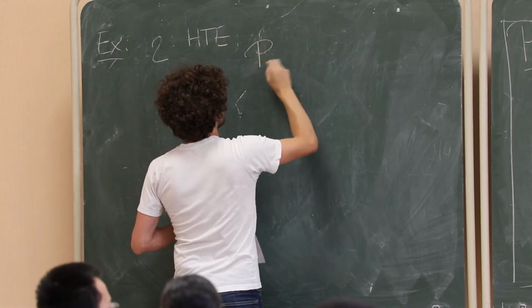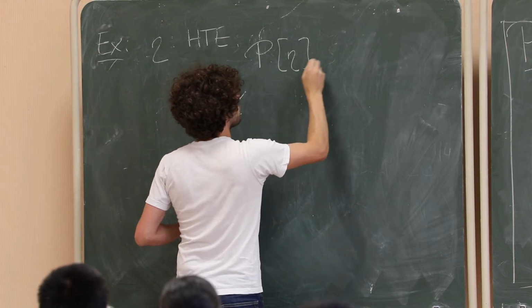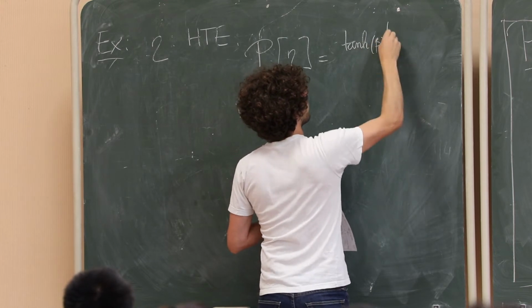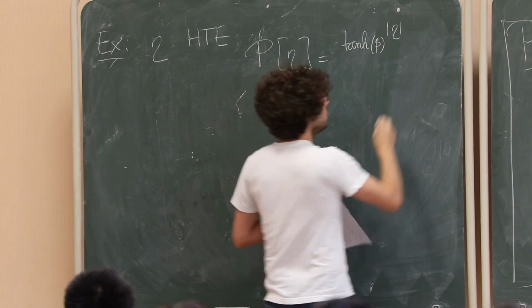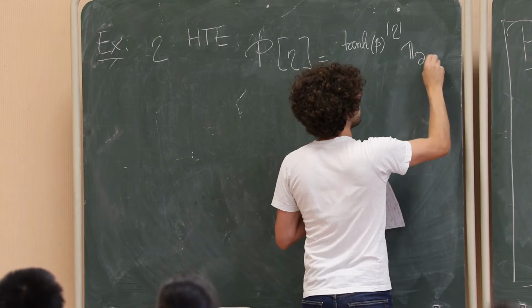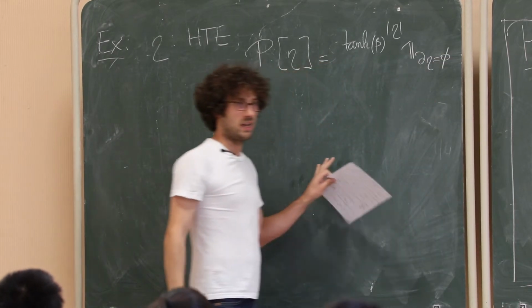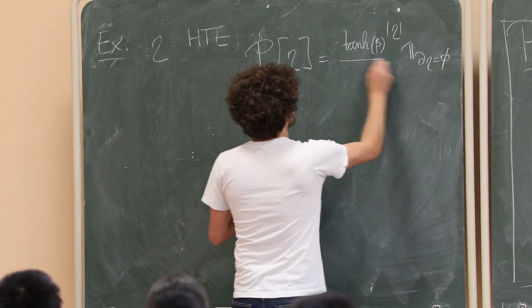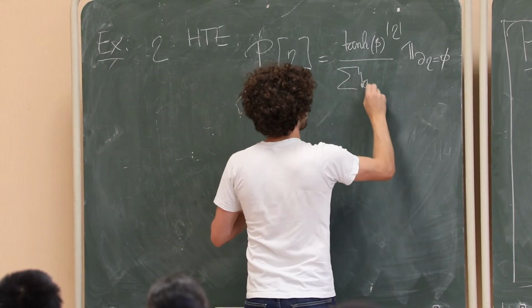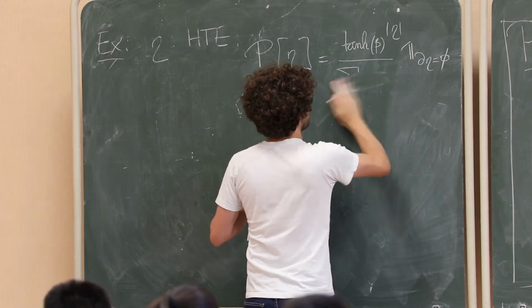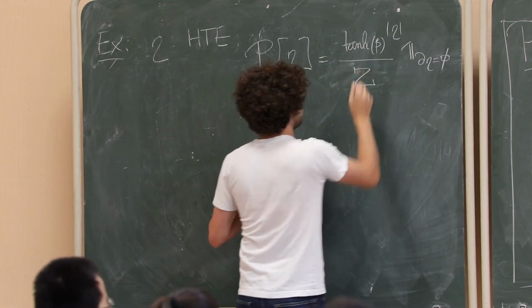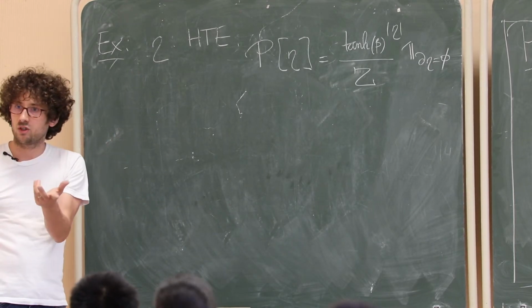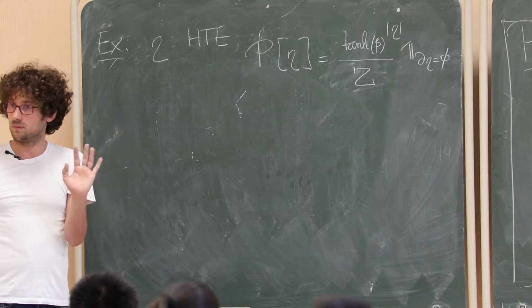The probability of eta is hyperbolic tangent of beta to the number of edges in eta, indicator function that eta is a sourceless current, sourceless high temperature expansion, divided by z, where z is just a renormalization constant. So you pick a high temperature expansion at random. Okay?